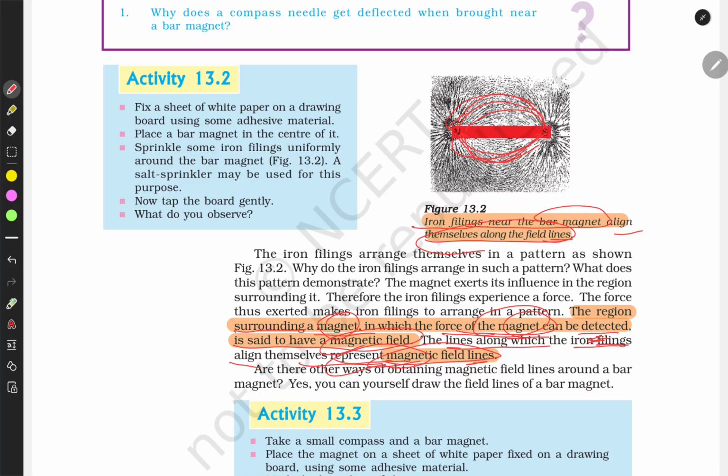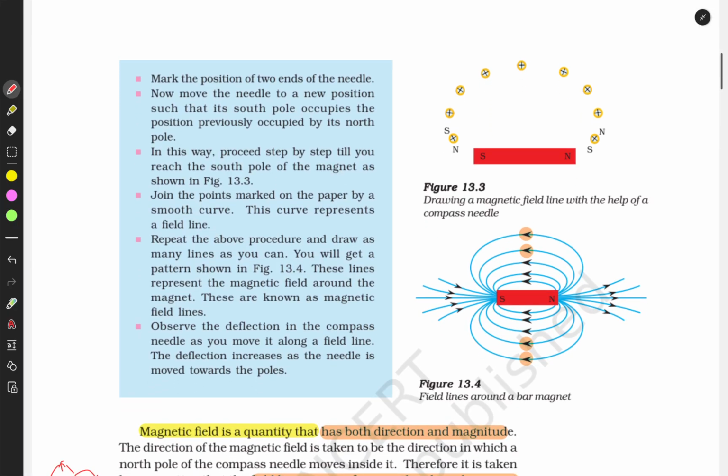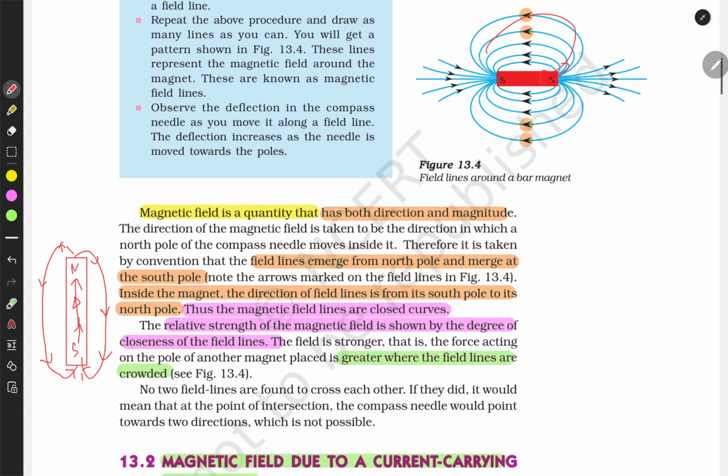The effect of the magnetic field on the iron filings is what we call the magnetic field. So the magnetic field lines go from the north to the south.